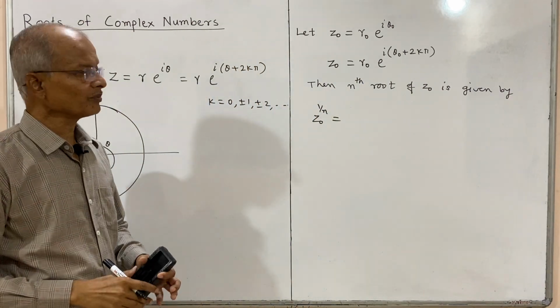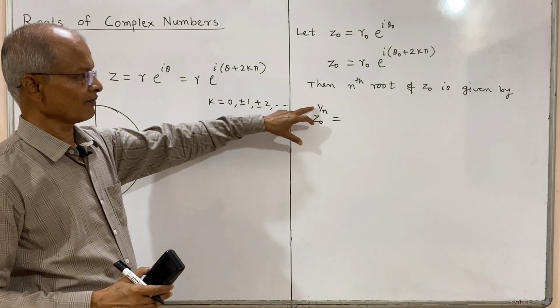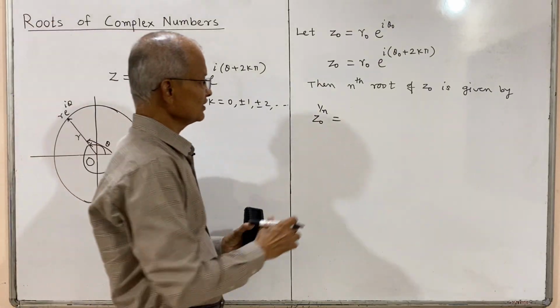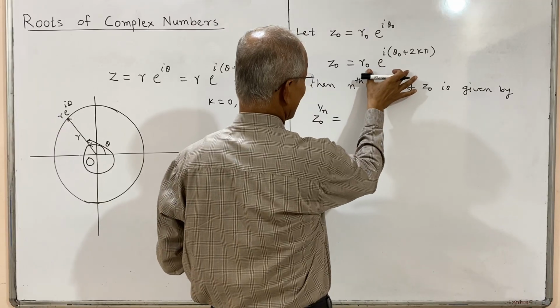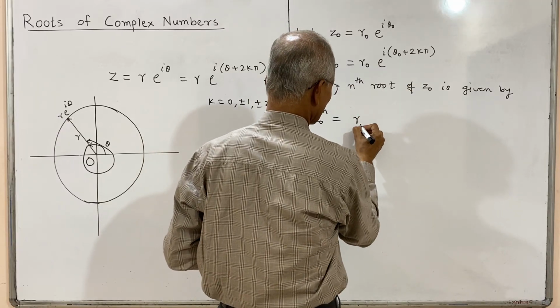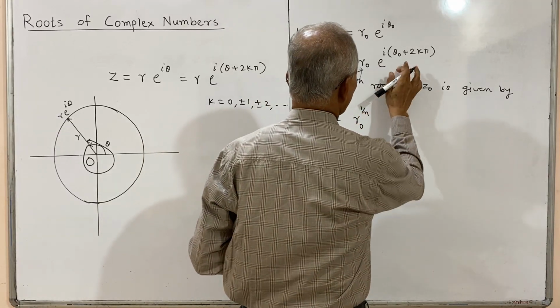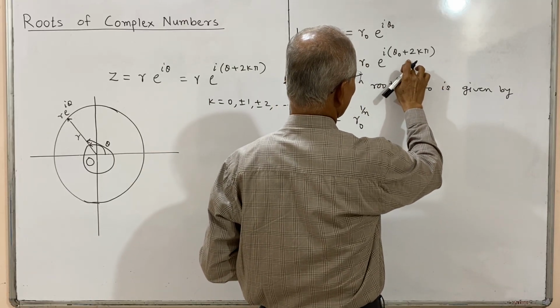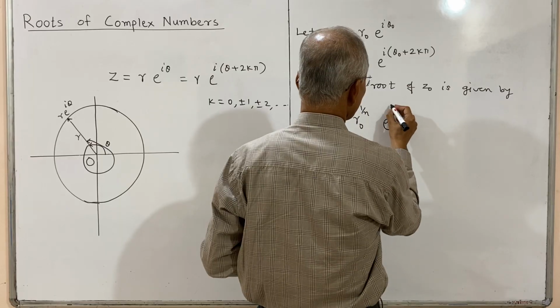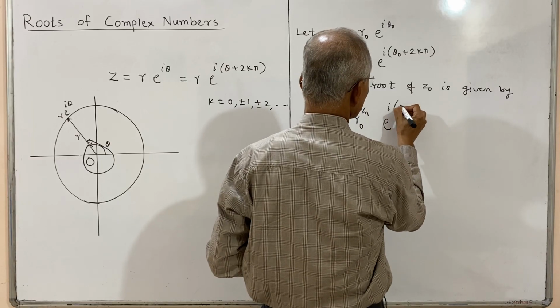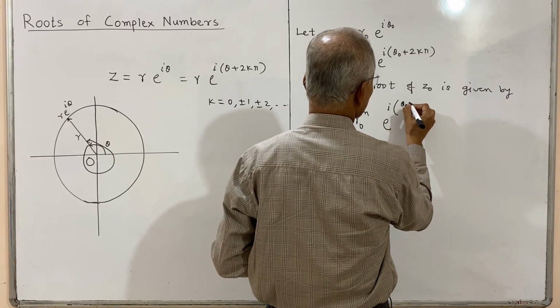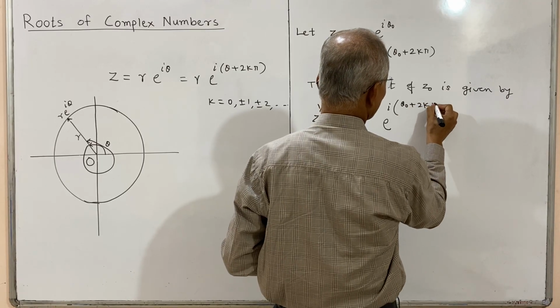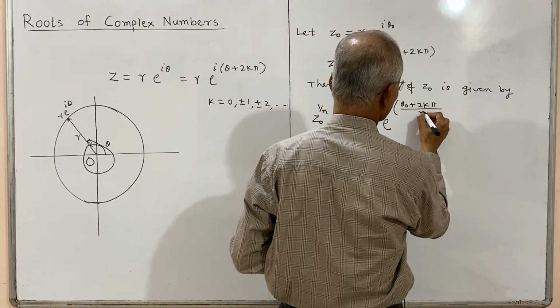To get the nth root means we have to raise the power by 1 by n, and taking 1 by n power on either side, we get r naught raised to 1 by n, and e power i (theta naught plus 2k pi) divided by n.